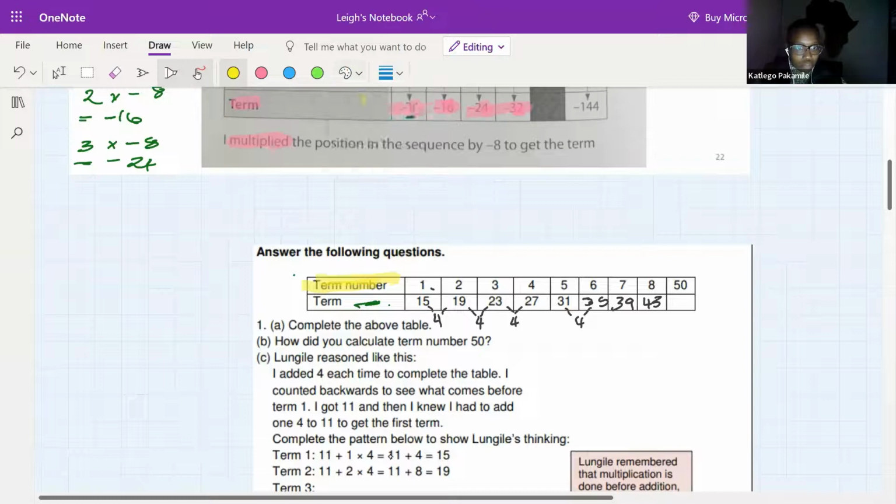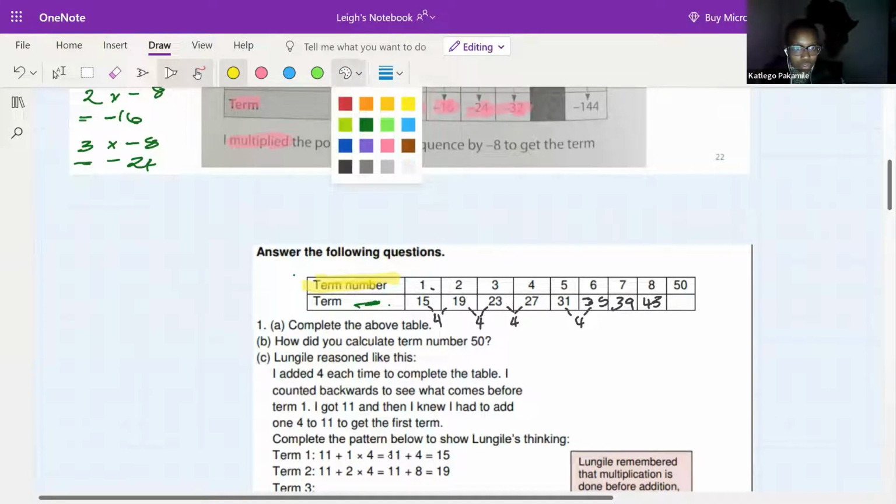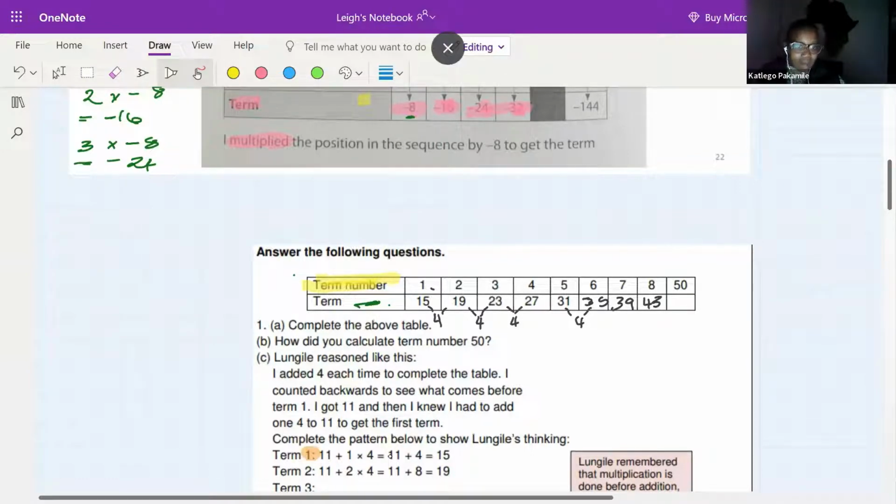Let's use orange. For term number 1, she would say 11 plus 1 times 4. Right. So now we're going back to BODMAS. BODMAS says you must do what first? Pasitana, what does BODMAS say?